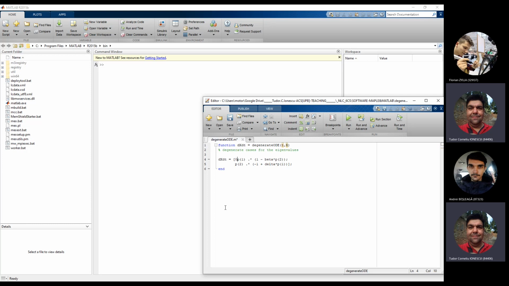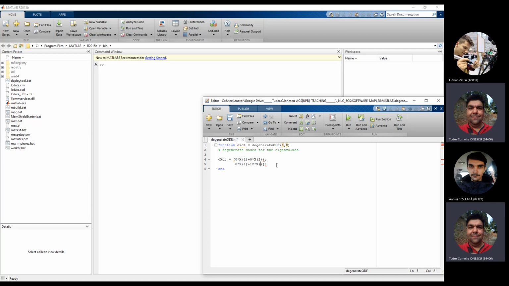So 0 times x1 plus 0 times x2, and the second equation is 0 times x1 plus lambda 2 times x2.